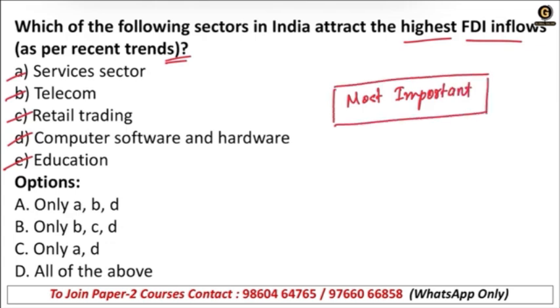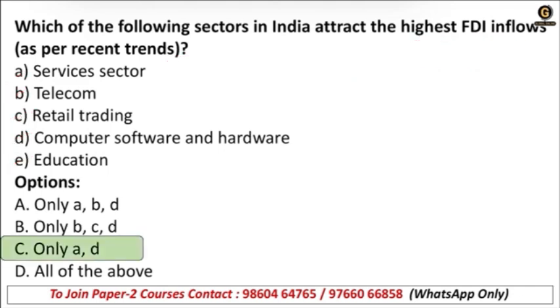The right answer of this question is option C, only A and D. Service sector, computer software and hardware. These are the sectors in India that attract the highest FDI inflow.